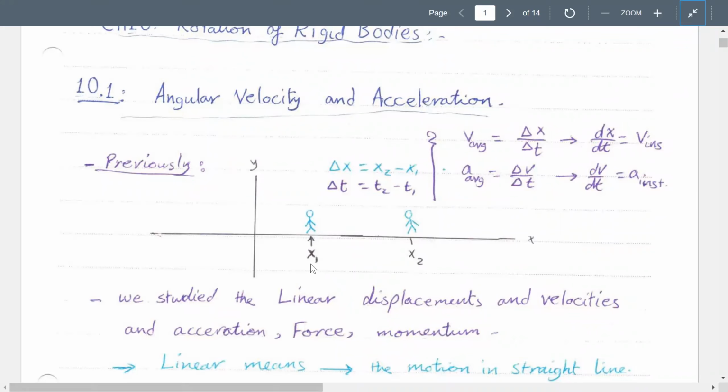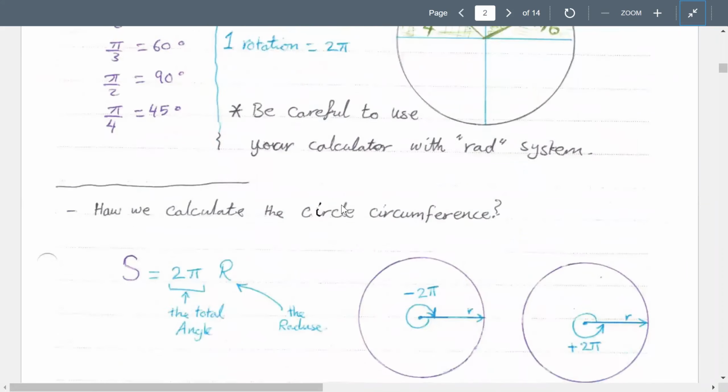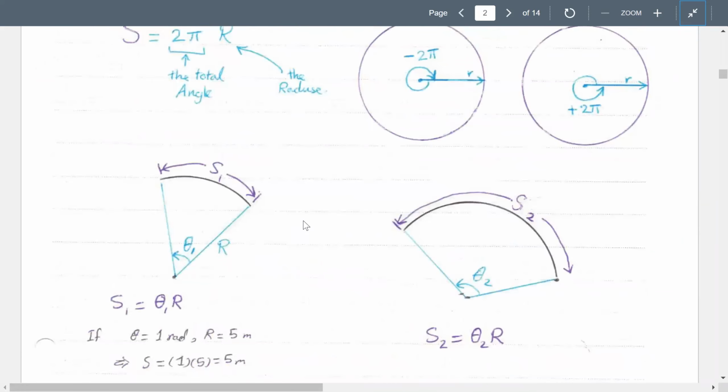It was x1 or x2 at t1 and t2. Now we will use a different thing. We will not use x and y. The time is the same. Now we will use theta. Theta in the place of x.